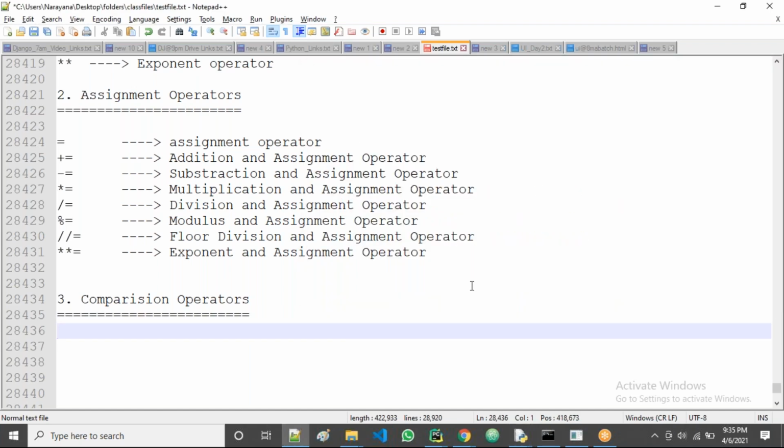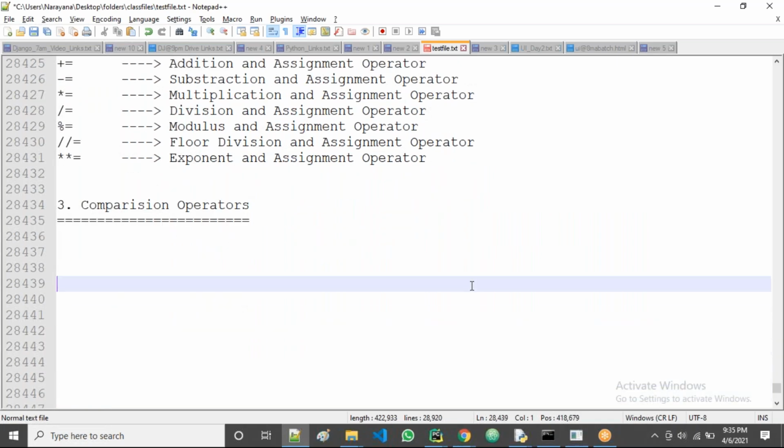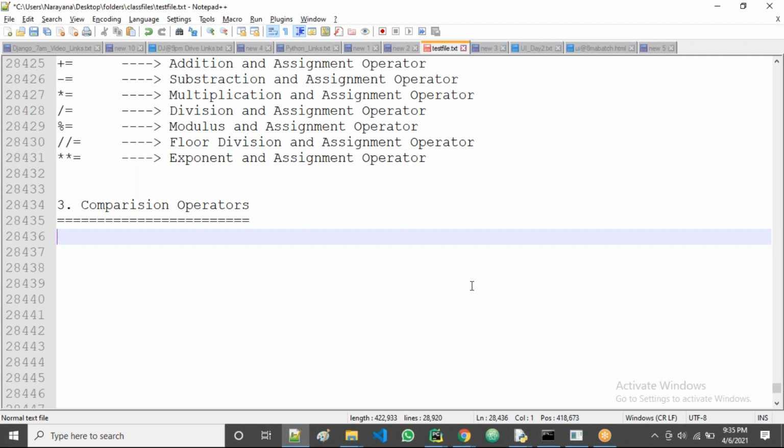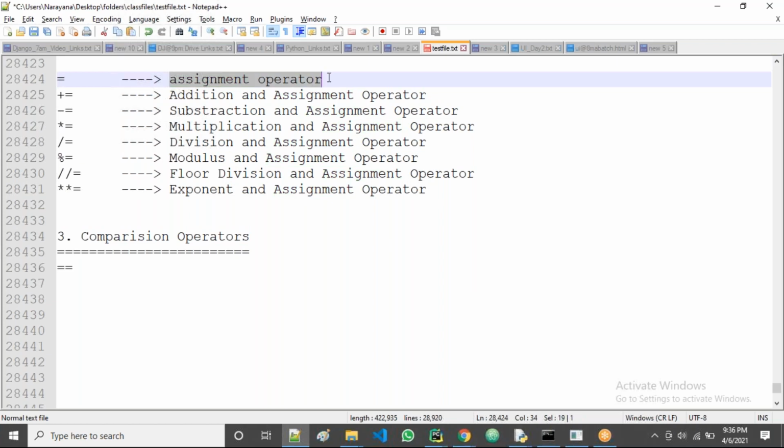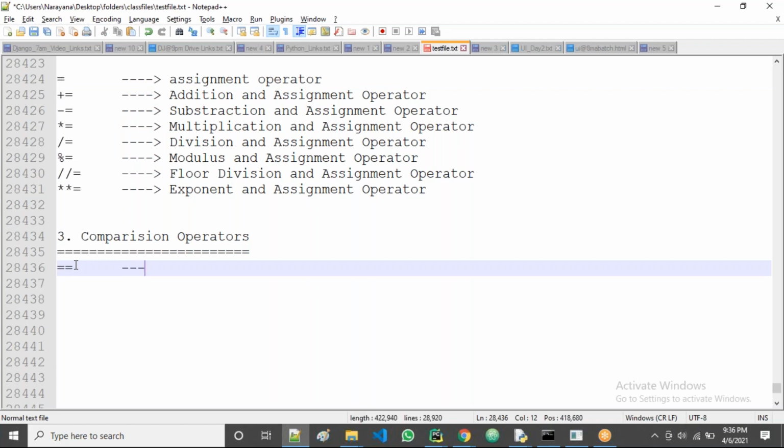Next, comparison operators. Comparison means we take the double equal to. If you take single equal to, that is the assignment operator. If you take double equal to, that is the equal operator.